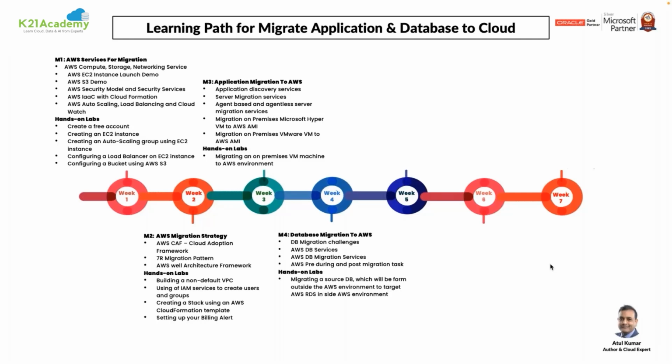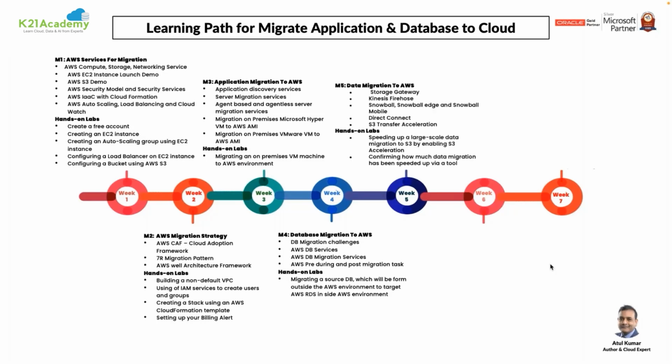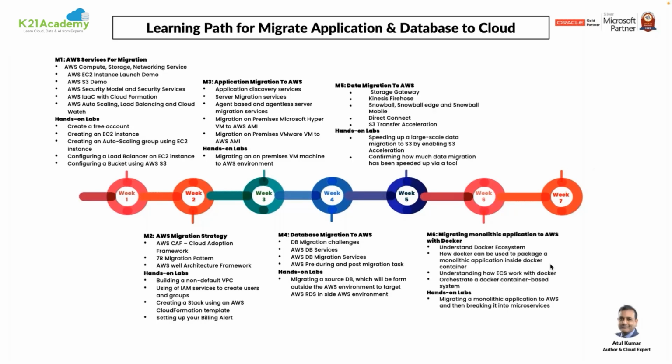And once the applications and servers are migrated, the next obvious step is to migrate your database and data, and then, way more complex, migrating your monolith application to microservices. Microservices is the latest trend in application development.